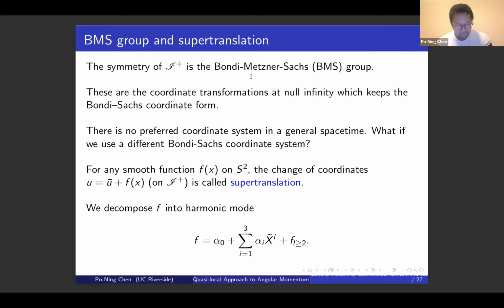For the later discussion, we will decompose the function f into harmonic modes: the constant mode alpha 0, then the l equals 1 eigenfunctions, a combination of x^i, and then the modes greater than or equal to 2. The constant mode corresponds to a time translation, and the l equals 1 mode, alpha_i, corresponds to a spatial translation.